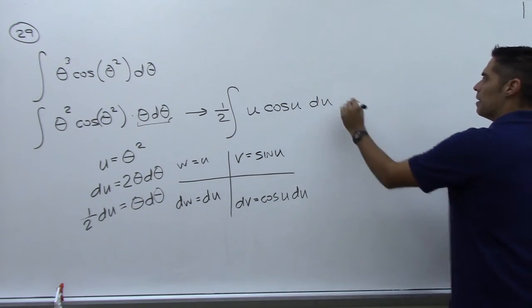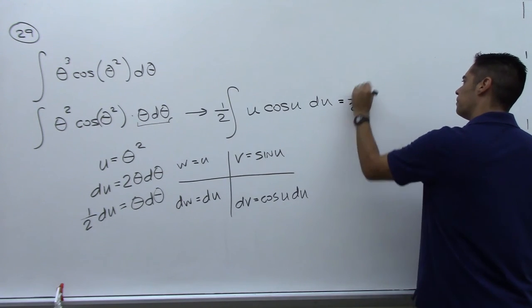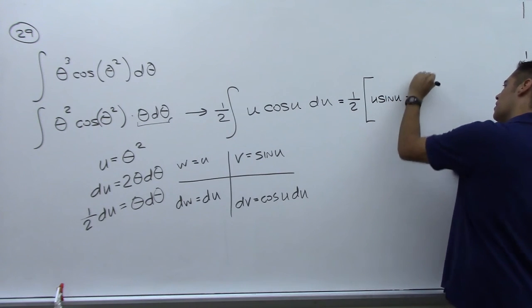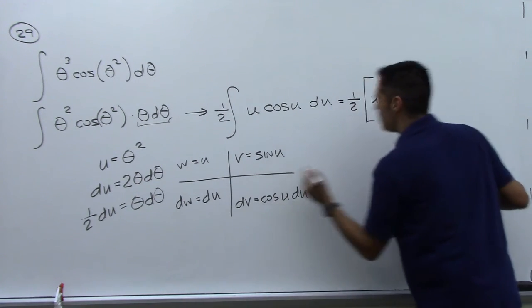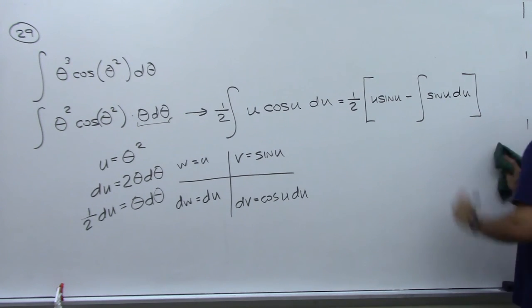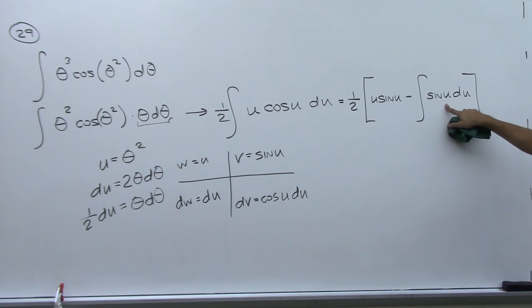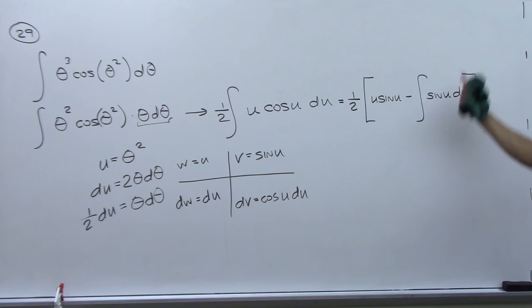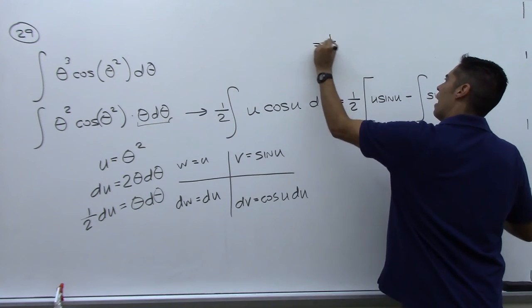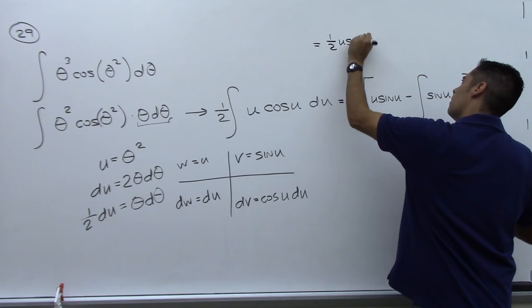And now this becomes 1/2 ultraviolet u sine u minus integral of sine u du. Antiderivative of sine is negative cosine, so that's going to become a plus when I integrate, and I'll distribute through, so I'll have 1/2 u sine u.